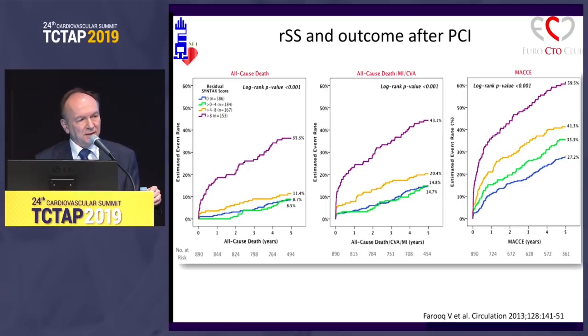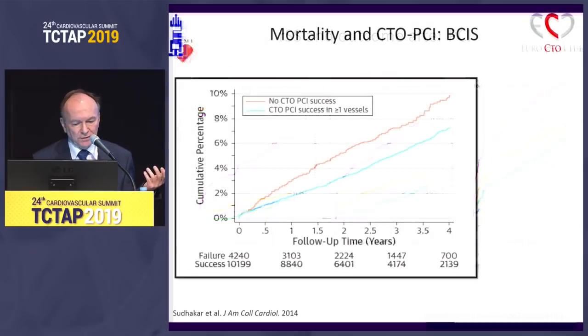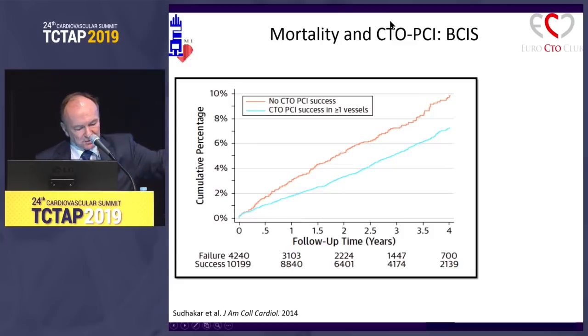And in PCI, the incompleteness of revascularization was mainly due to CTOs left over. On the other hand, we know that if we look at large registries, there is a survival benefit, for example, from the UK. But you needed 14,000 patients to prove this because it's stable angina with a rather low mortality.